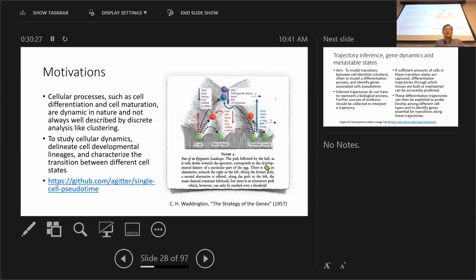The motivation is simple. We believe there is a limited number of trajectories. Although the cell could develop in multiple ways, because it's genetic, we call it canalization, and Waddington had this idea about this limited number.